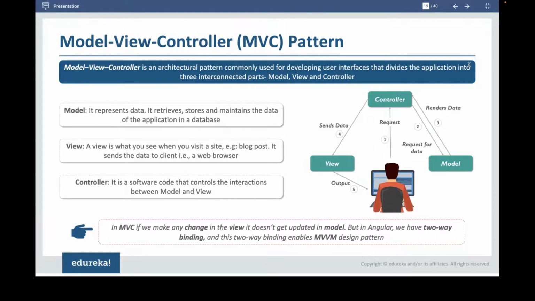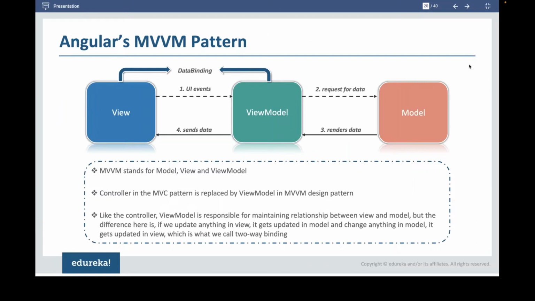So this is used with most of the traditional applications. If you are creating a Java or a .NET application, you must have heard of MVC. So Angular, because it's not a backend application or a backend setup, uses a different type of design pattern, which is called MVVM. So it has view and model, and instead of a controller, it has an object which is called a view model.